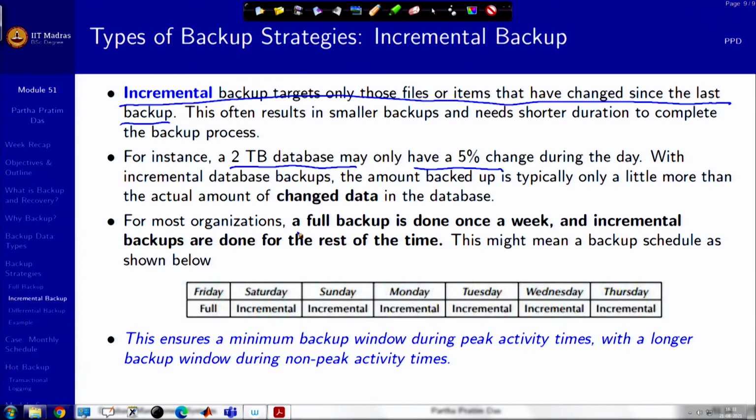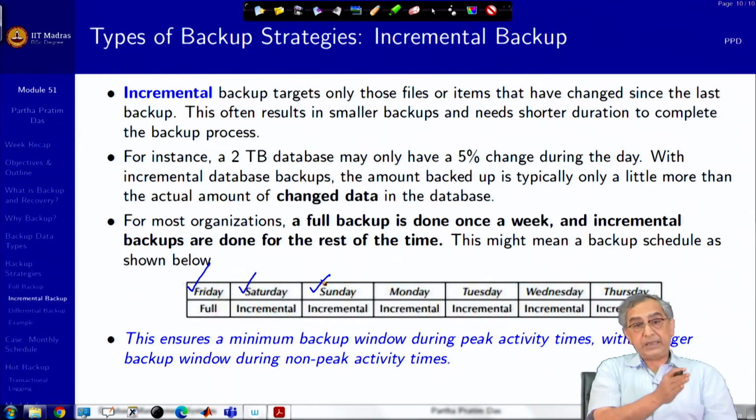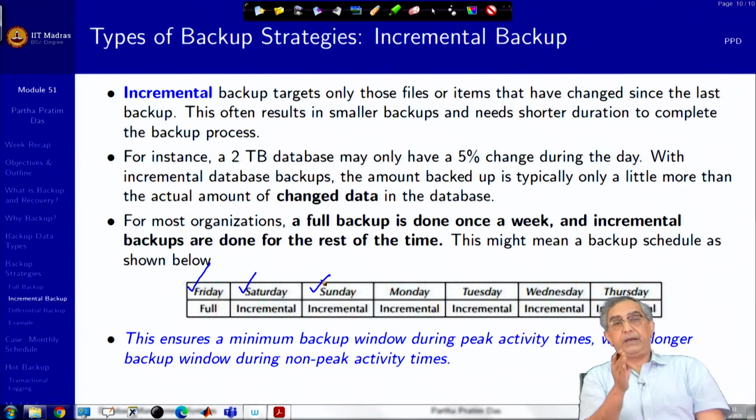So, what most organizations would tend to do is do a full backup once a week and do incremental backup the rest of the days. So, what it means, if you see here, say on Friday, suppose they do a full backup, then on Saturday they do an incremental backup, that is as much as changed from the Friday's full backup. Sunday they do another incremental backup, which is as much as changed from the Saturday's incremental backup.